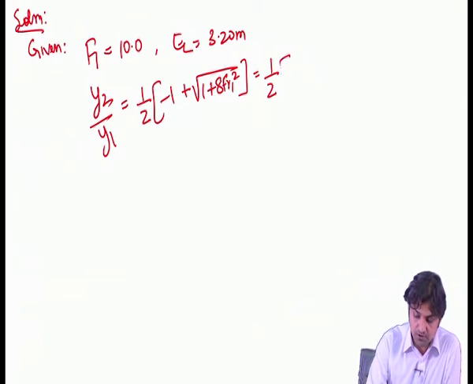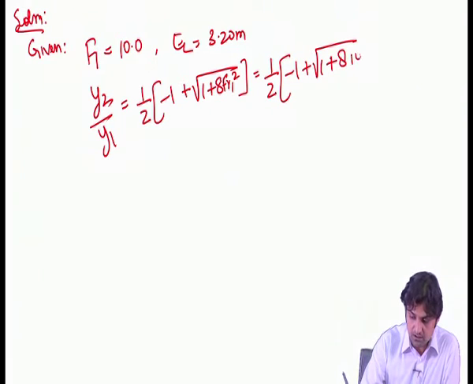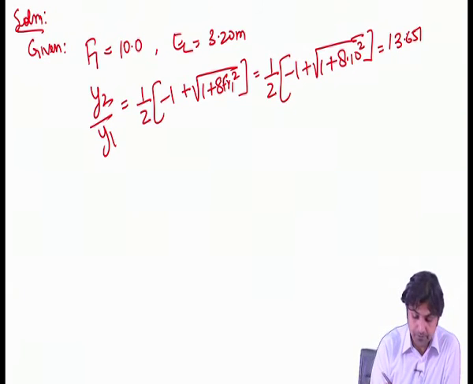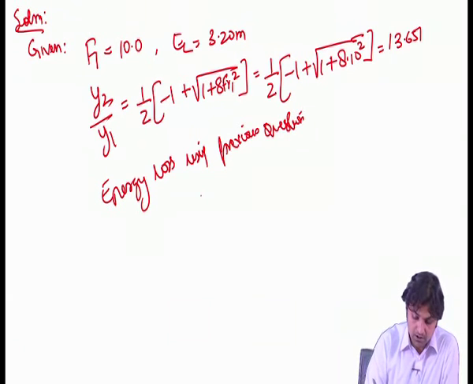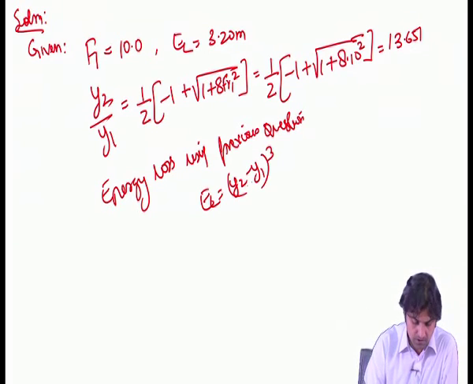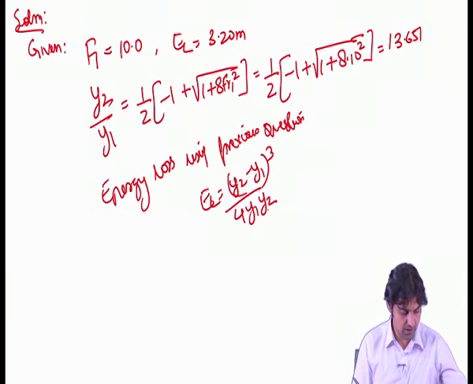So, if you substitute minus 1 plus under root 1 plus 8 into 10 square, it will give us 13.651. And energy loss, using the previous question that I asked you to remember, EL is written as y2 minus y1 whole cube divided by 4 y1 y2. All right.